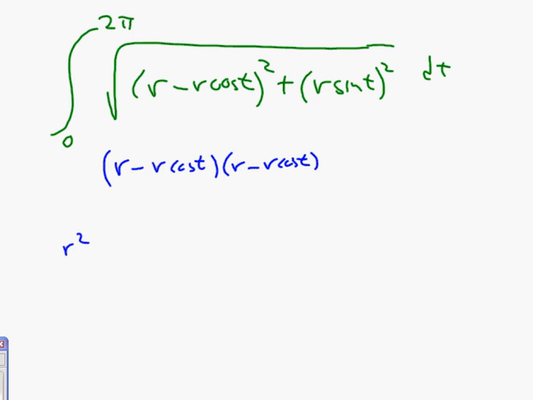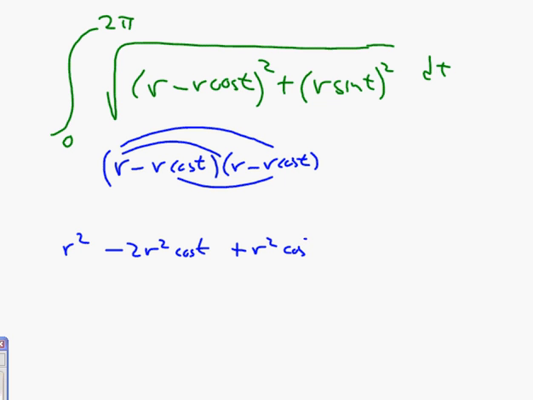We get r squared in that guy, and then we get these two, so we get minus 2 r squared cosine t. And then the last term, so this would be plus r squared cosine squared t. And if I take this term and put it next to it, plus r squared sine squared t, I start to see something that looks pretty nice, right?